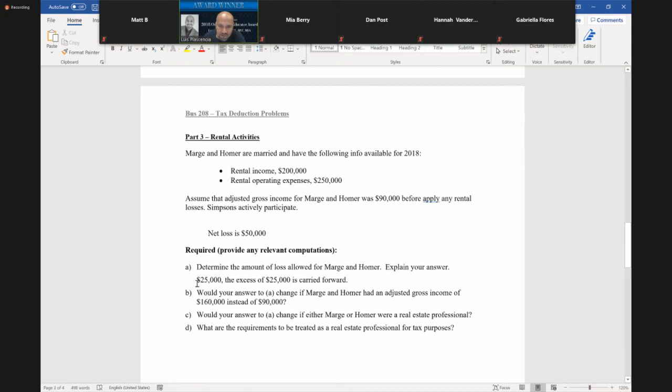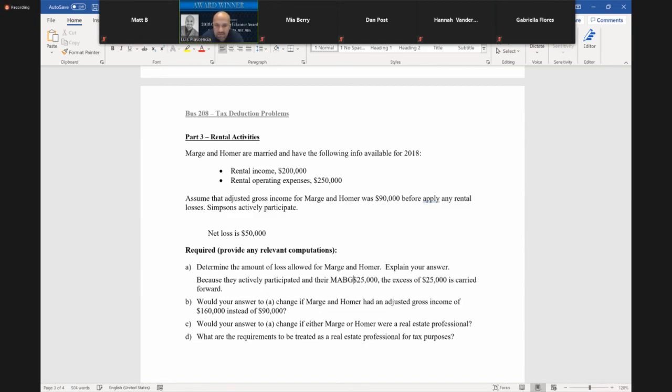My explanation is going to be: because they actively participated and their MAGI is less than $100,000, they can deduct 25,000, right? Any question with the first one?